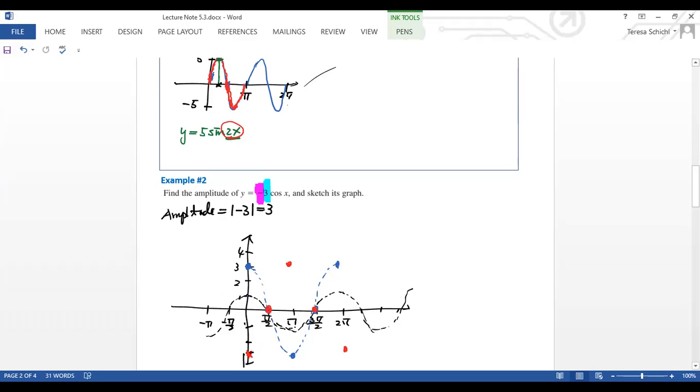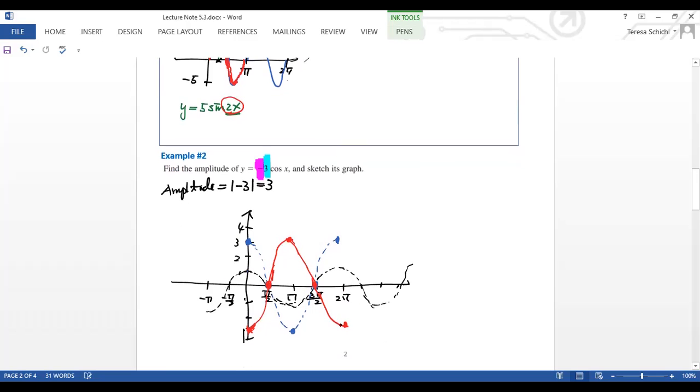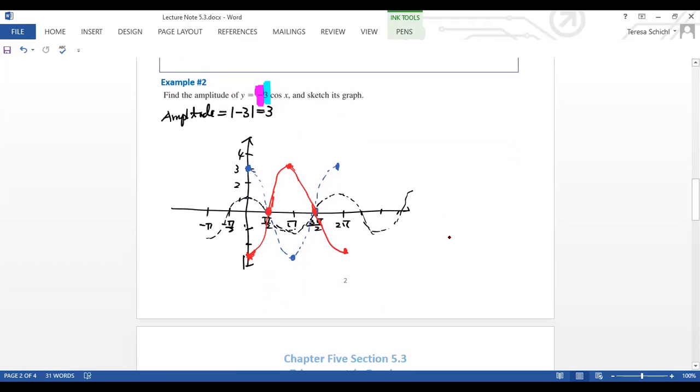Now this is my final graph. This is my cosine function, because I don't have anything in front of x, so my period is still 2 pi.